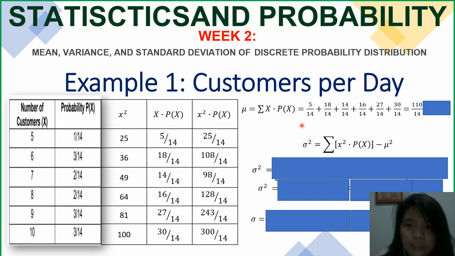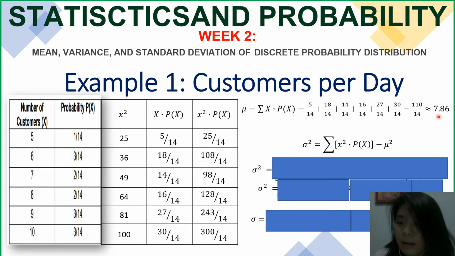So, that is 5 over 14 plus 18 over 14 plus 14 over 14 plus 16 over 14 plus 17 over 14 plus 30 over 14. So, it has a sum of 110 over 14. And kapag ginawa mong decimal yon, that is equivalent to 7.86.